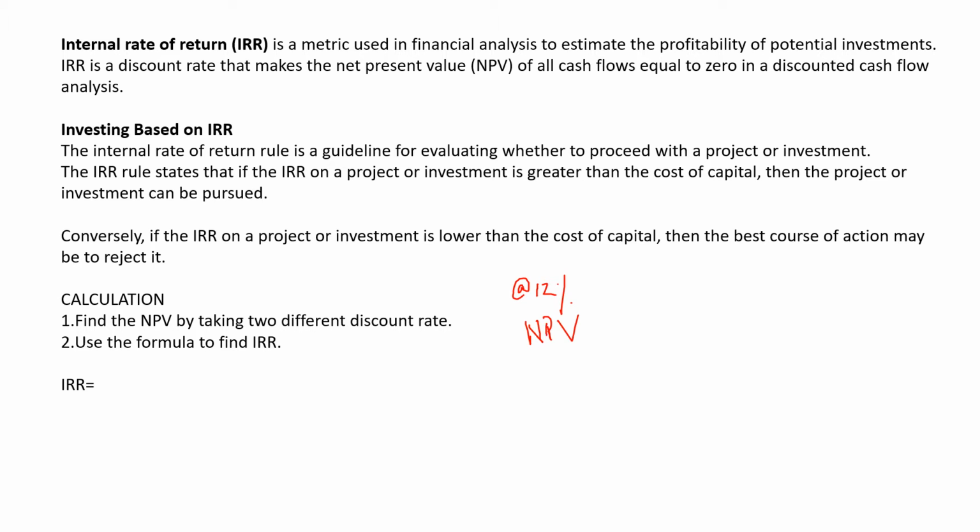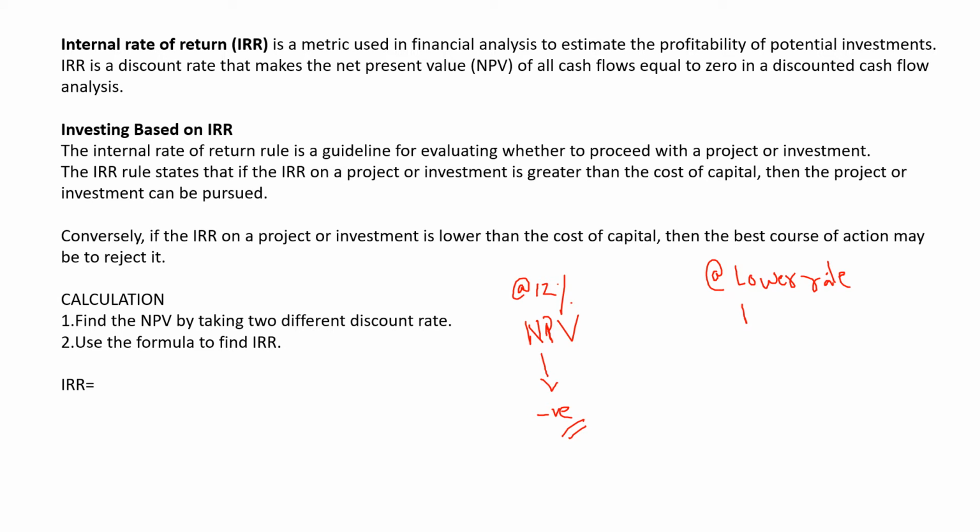If the NPV of the project turns out to be negative, then the next discount rate we will take will be lower than the rate we used to calculate the previous NPV. This time we will be taking a lower rate.